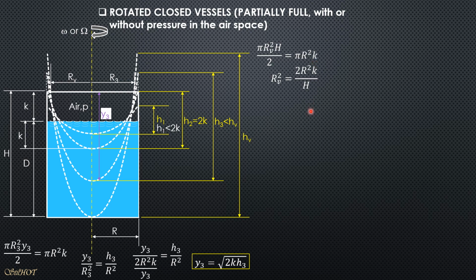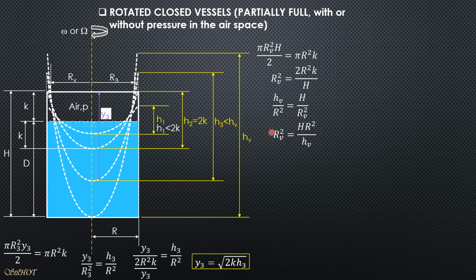Then by squared property of parabola, hv as to r squared equals big H as to rv squared. The height is big H, the radius is rv squared. So rv squared is big H r squared over h sub v.